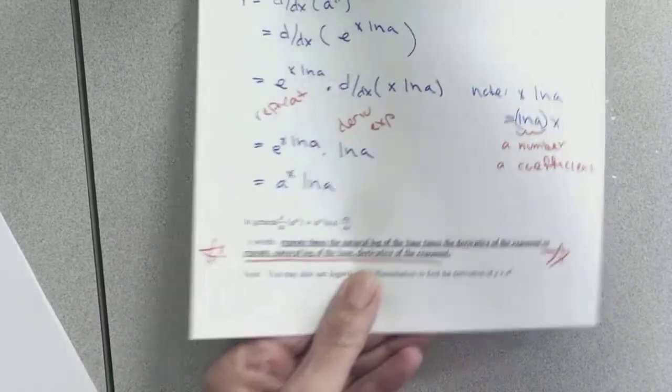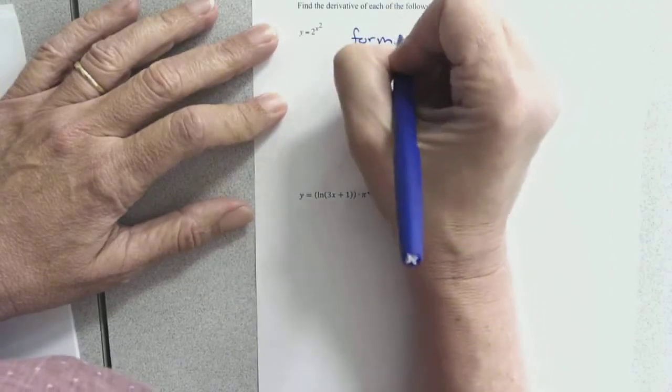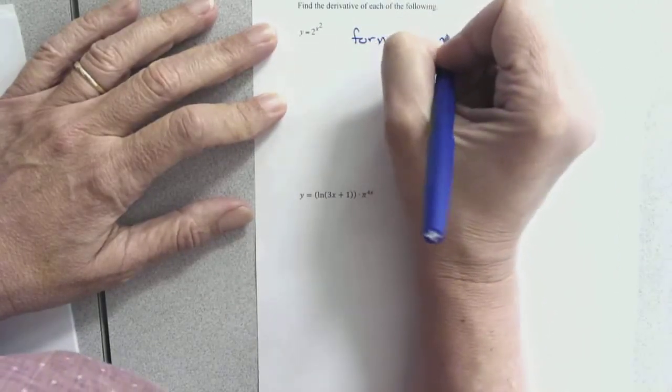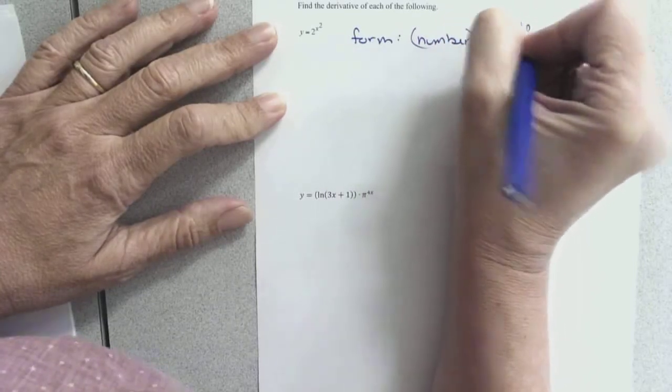Okay, we've got time on this video for a quick one. So find the derivative of each of the following. And so my form here, and we now have to be very careful with form, it's a number raised to a variable.